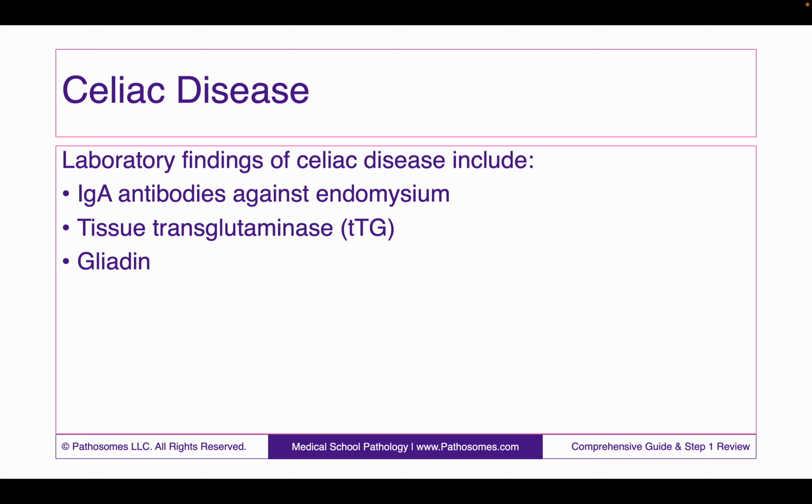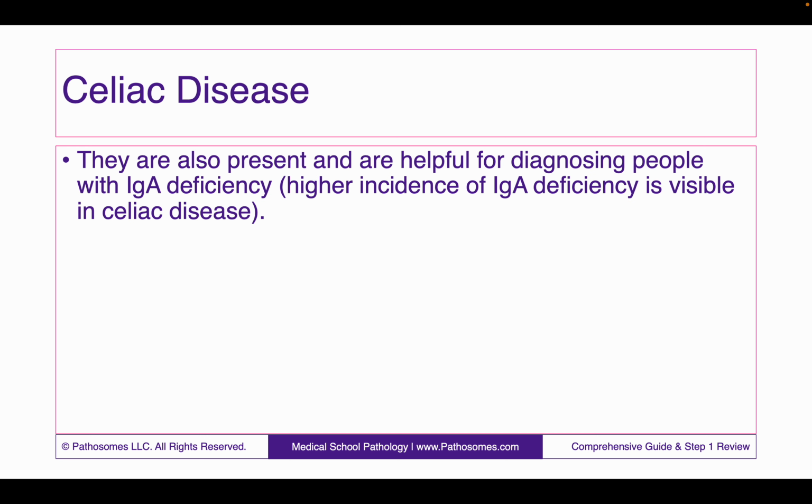Laboratory findings of celiac disease include IgA antibodies against the endomysium, tissue transglutaminase, and gliadin. And those labs are also present and helpful for diagnosing people with IgA deficiency. And note, there's a higher incidence of IgA deficiency that is visible in celiac disease.